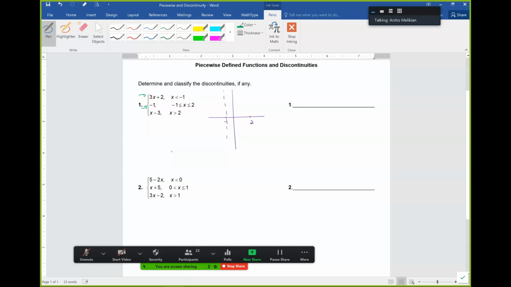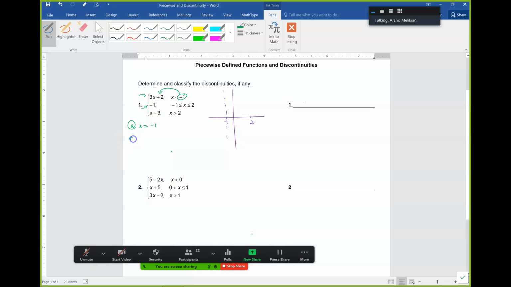So what you do in order to test for continuity is this. You take -1 and you plug it into that function. And you say at x equals -1, that function is to the left of -1, right?